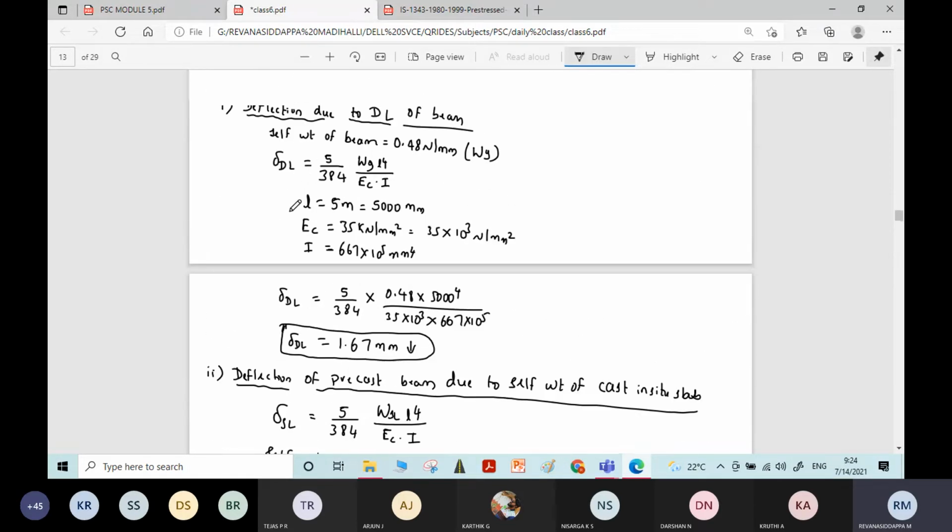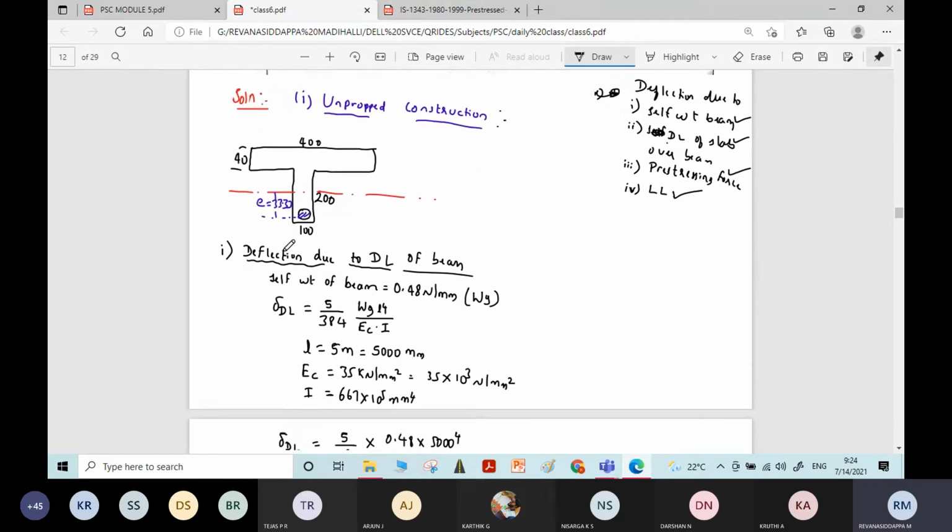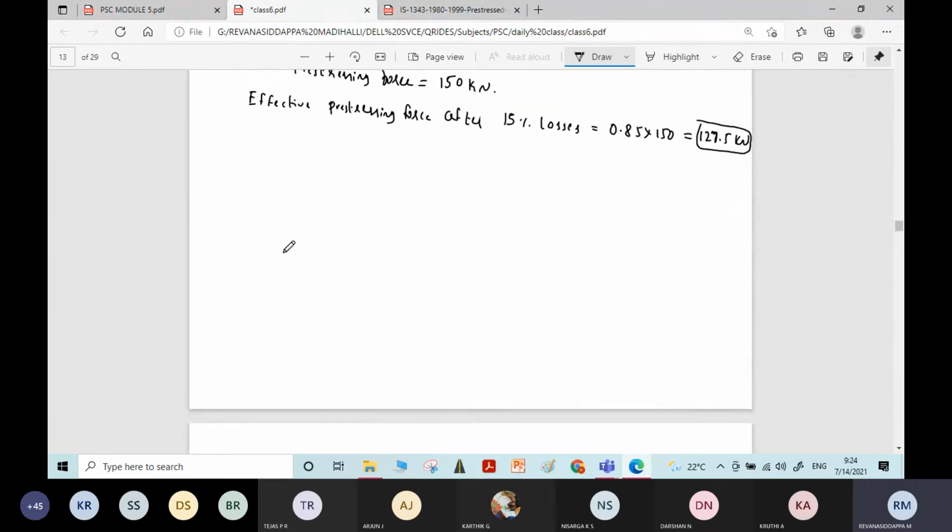It is said that there is an eccentricity of 33.33 mm. Write the figure, the longitudinal section. Same procedure that we followed while finding the deflection of the normal PSC beam. Same procedure.